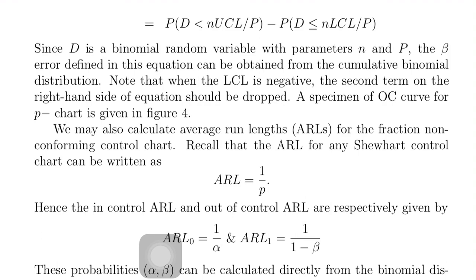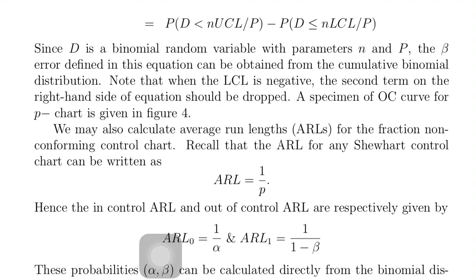And we have derived this with the help of a geometric distribution, which we have done earlier, and you may please refer to the derivation of the formula ARL is equal to 1 by P while we were discussing ARL for X bar charts.